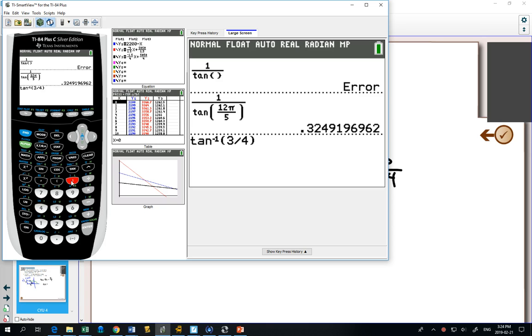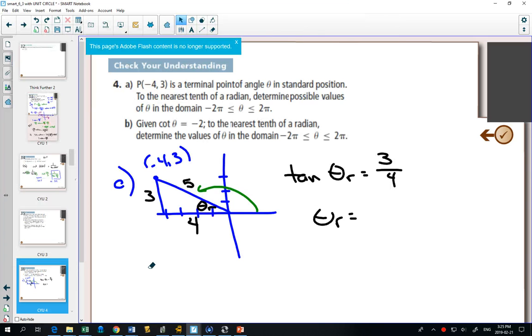That would tell you your angle in degrees. But since my calculator's in radians, when I push enter, it tells me the angle in radians. So my reference angle is 0.643.